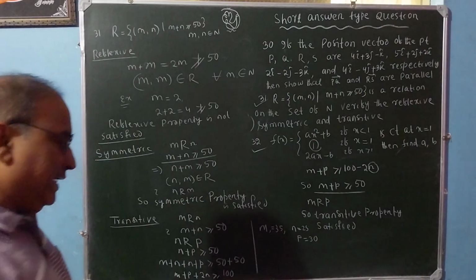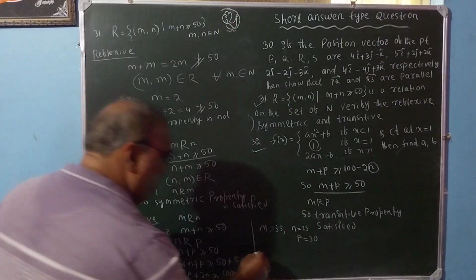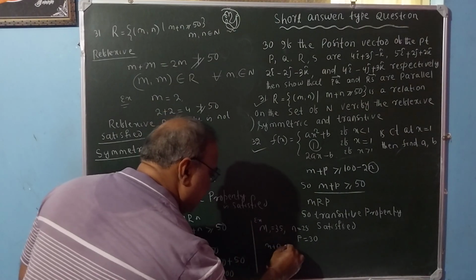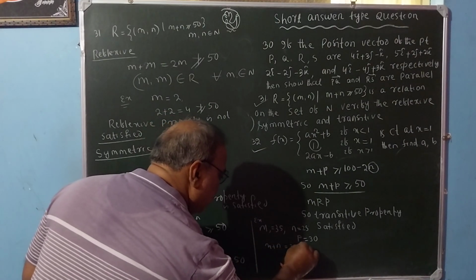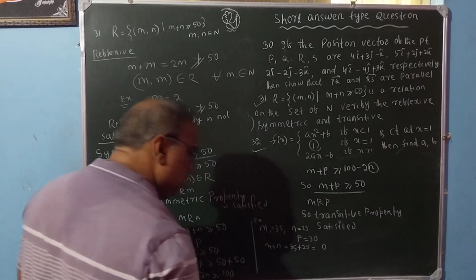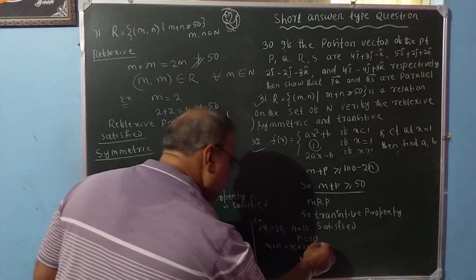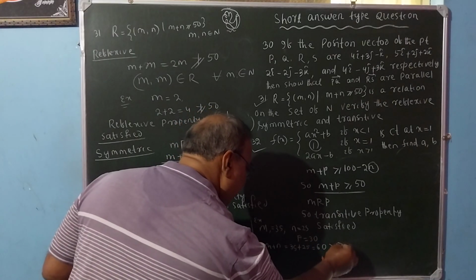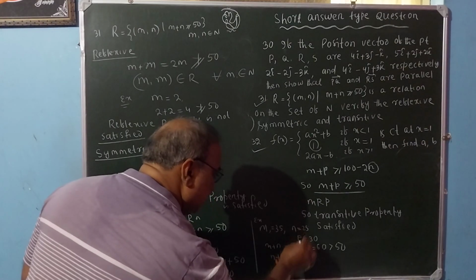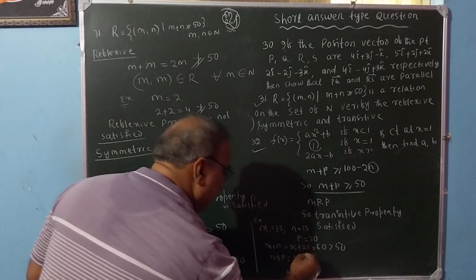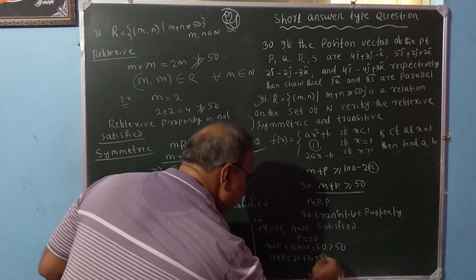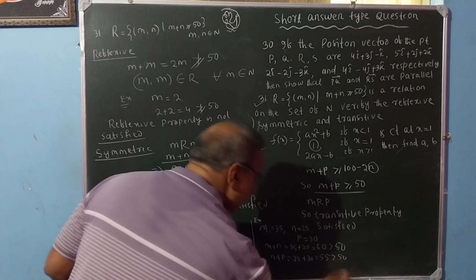So m plus n, 35 plus 25, is 60, which is greater than 50. n plus p, n is 25, p is 30, here it is 55, which is greater than 50.